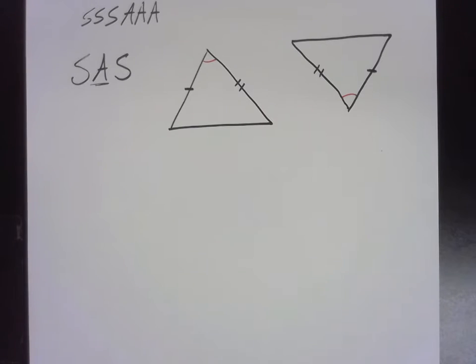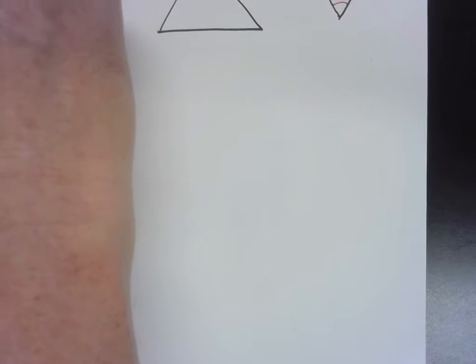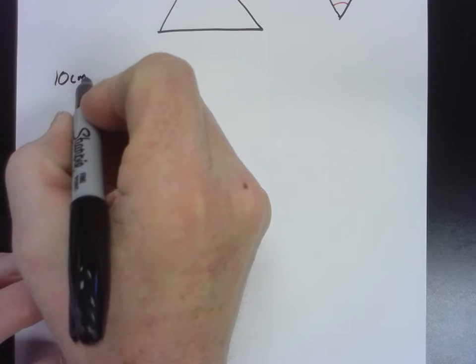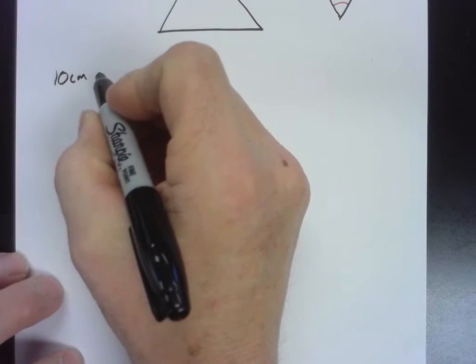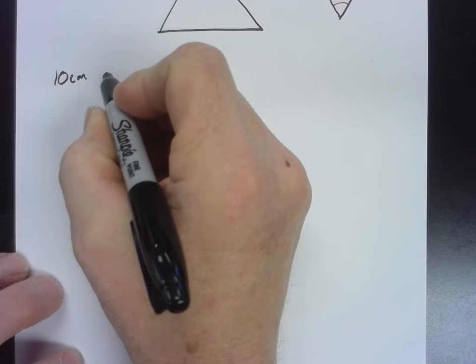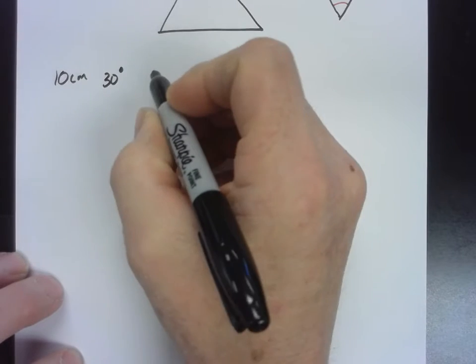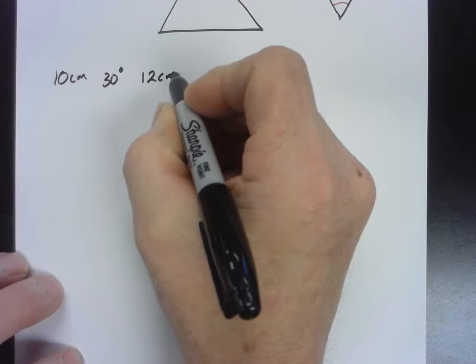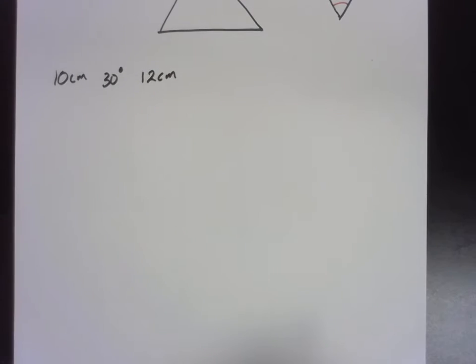I suppose we could kind of show you how this works a little bit. For example, I've got a 10 centimeter side, and then I've got an angle that's, say, 30 degrees, and then I've got a side that's, say, 12 centimeters. How many different triangles can I come up with?